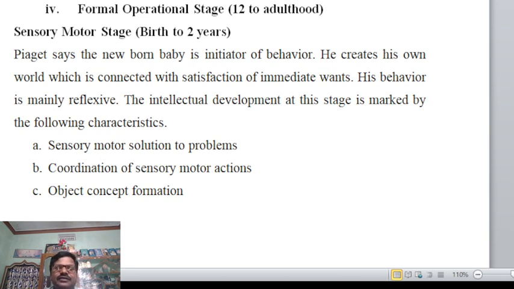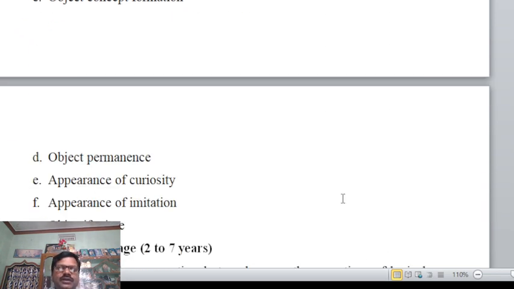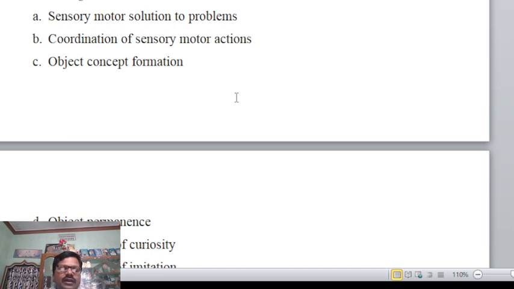Sensory motor solution to the problem. These are the questions in your TET examination. Coordination of sense motor organs, coordination of sense motor actions. And a very important thing that occurs during this stage is object concept formation. Object concept formation is very important.